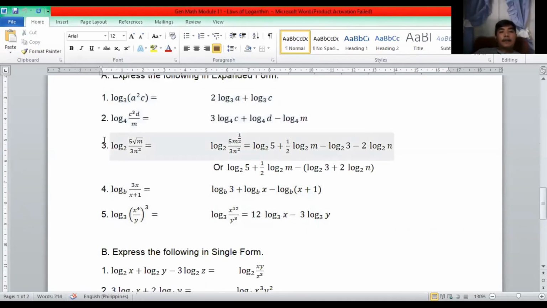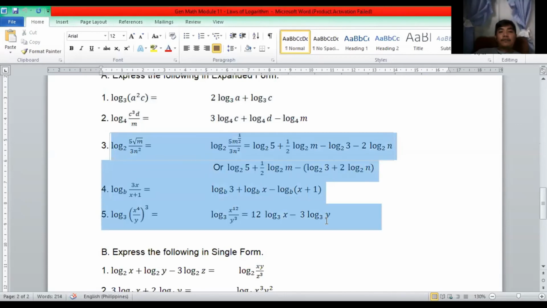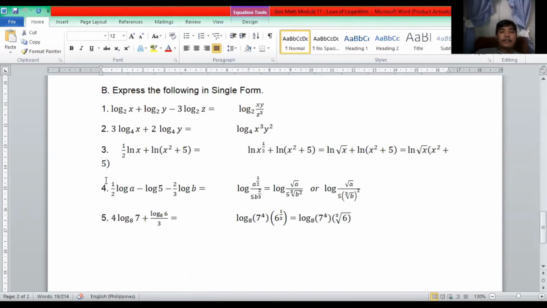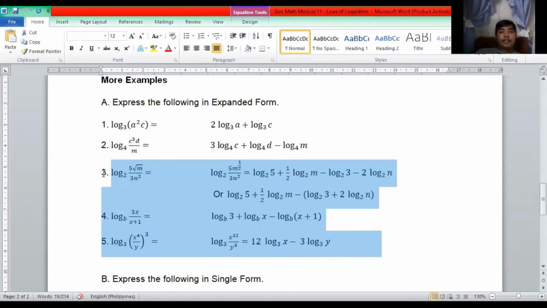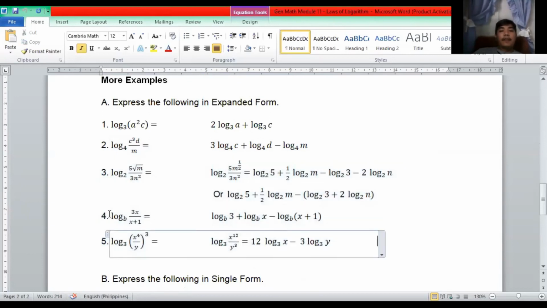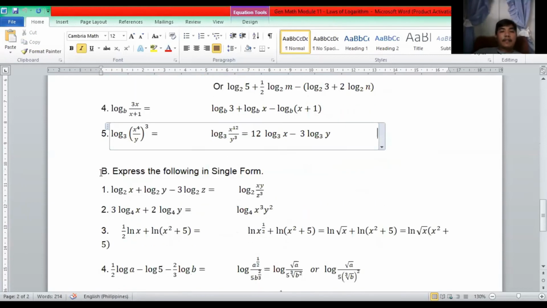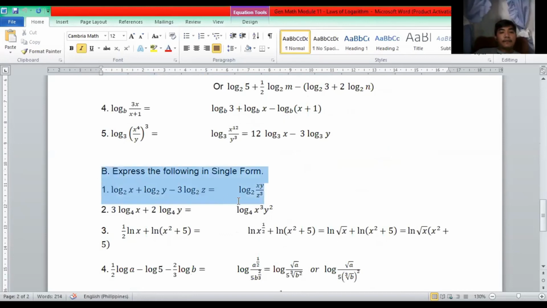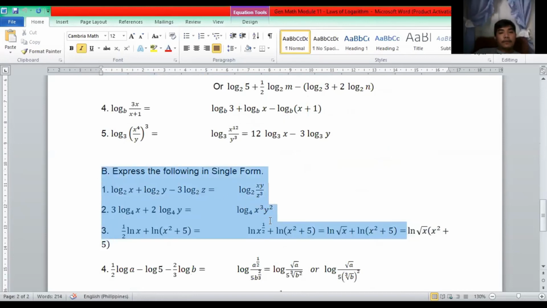So I am challenging you to solve for the other examples here. We still have 3 more examples. You can do it on your own. Practice yourselves para ma-master nyo siya.